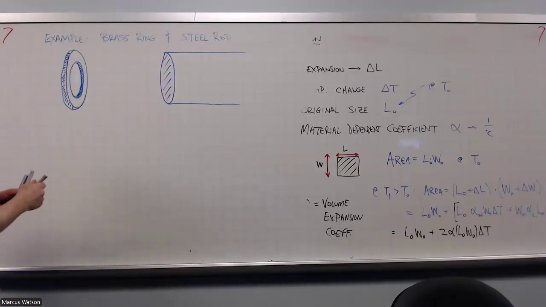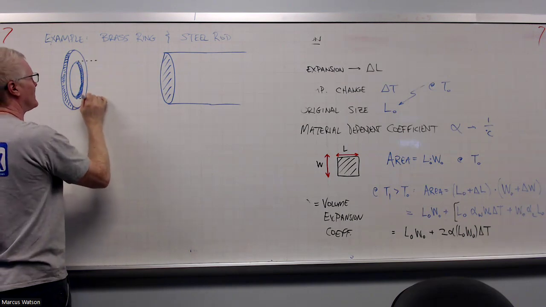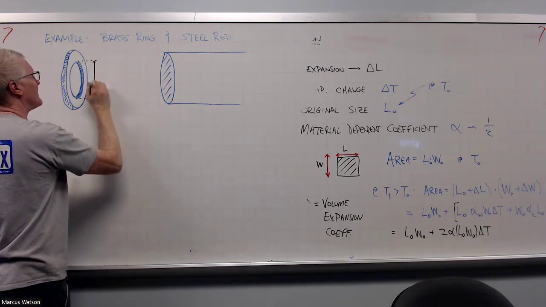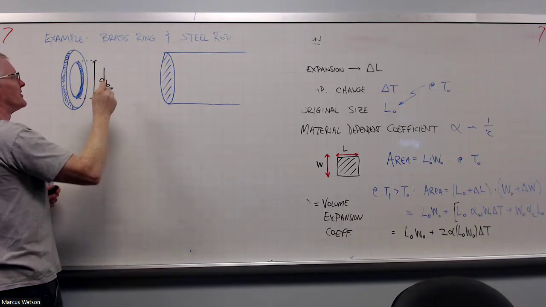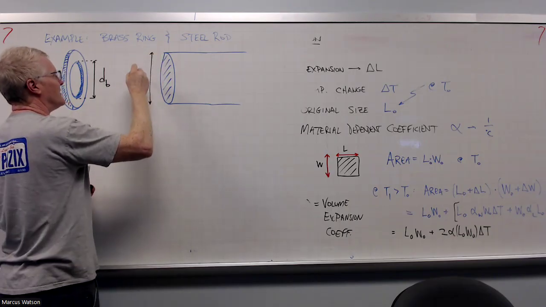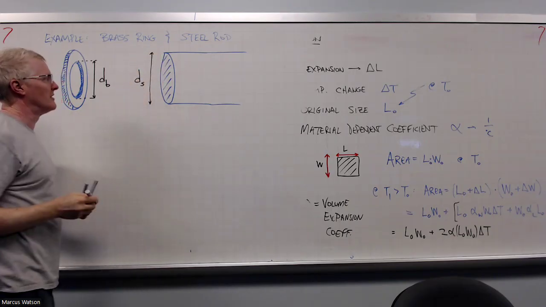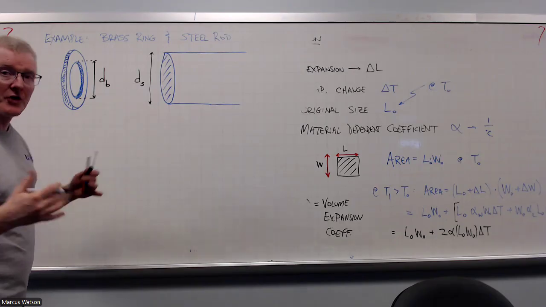All right, so we're going to say that the inner diameter of this ring here, I'm going to call that D of the brass, and the diameter here of the steel, which I'll call D of the steel. These are the starting values.